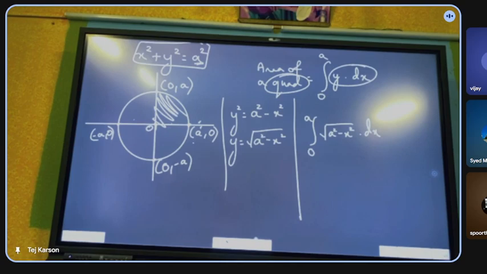Should we substitute x inside the root other than with minus a? Yeah. But nothing will cancel that. a square minus a square is 0. Did you get the answer?